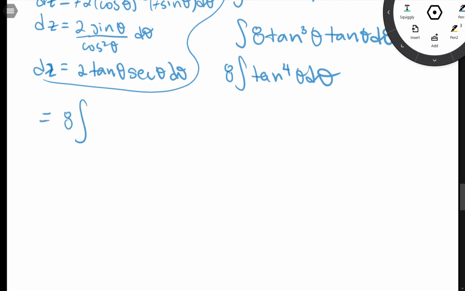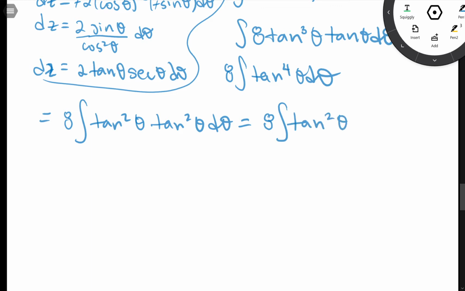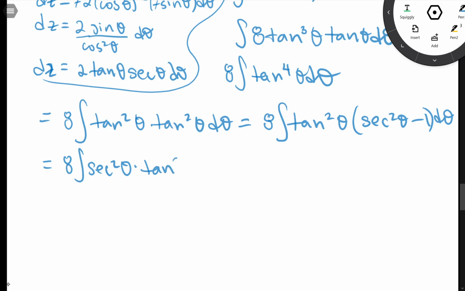Okay, so if I had a tangent squared, I would replace that with, what do we want? A secant squared theta minus 1. That same thing I used earlier. And then if I multiply that through, I get 8 times, what do I have? Secant squared theta times tangent squared theta.